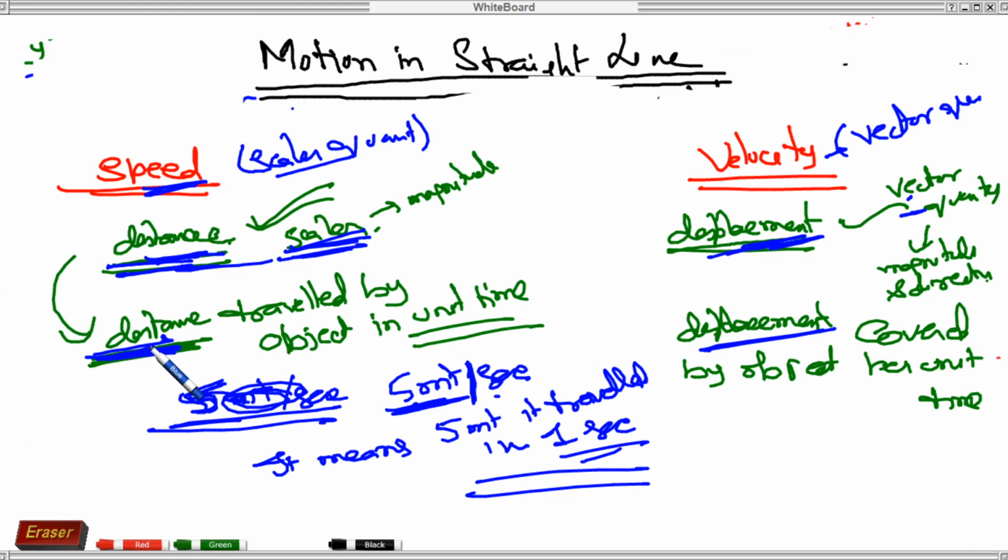So you can see here we are using distance and here we are using displacement. So that's the main difference between velocity and speed.